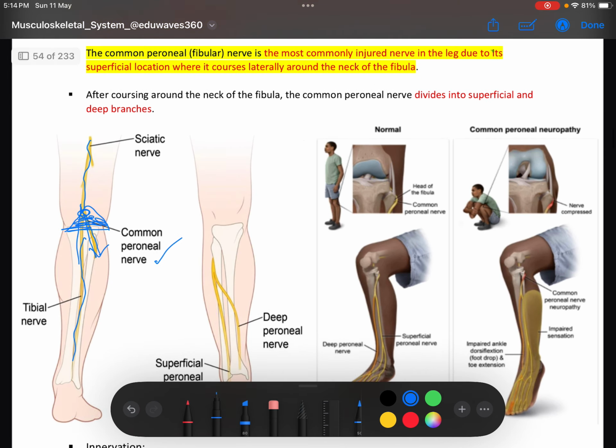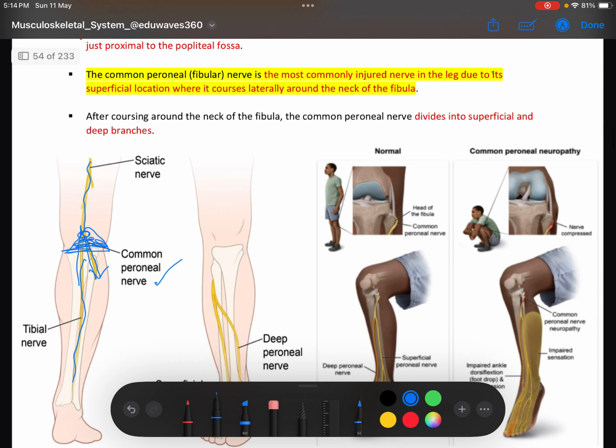Okay, why do we have to discuss the common peroneal nerve, the fibular nerve? Because if any patient comes to you with foot drop, you have to suspect that the commonly injured nerve will be the common peroneal nerve. Because of common peroneal injury, the patient presents with foot drop.